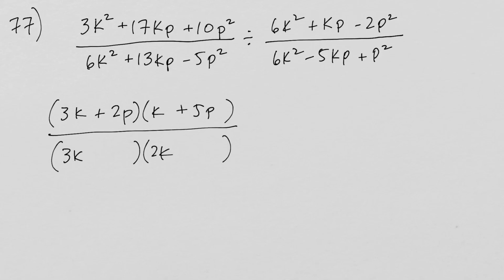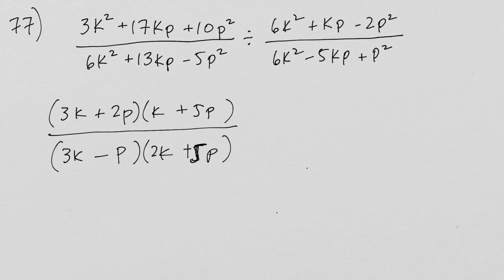I'm trying to get to 13, so this must be a minus 5p and a plus 1p. That gives me negative 15 plus 2, which is, this must be a plus 5p and a negative p. That gives me a positive 15 minus 2.